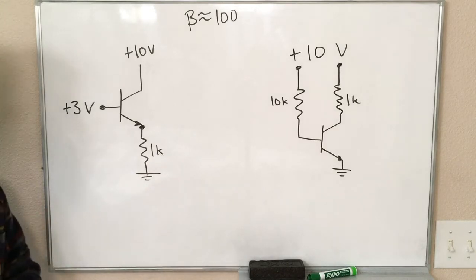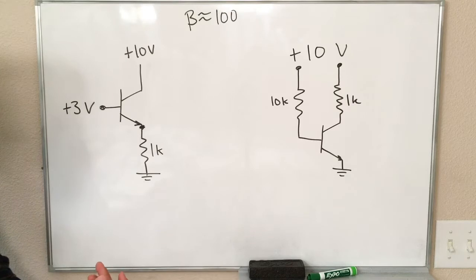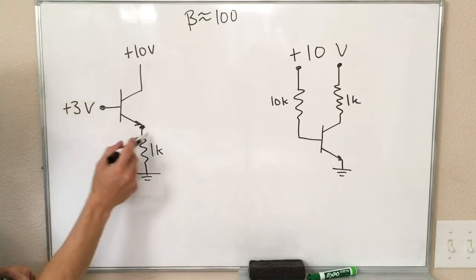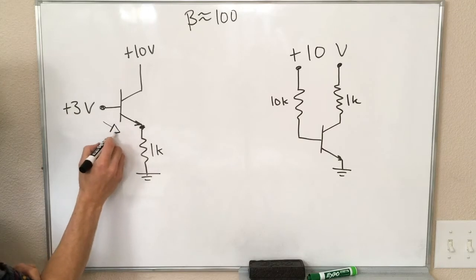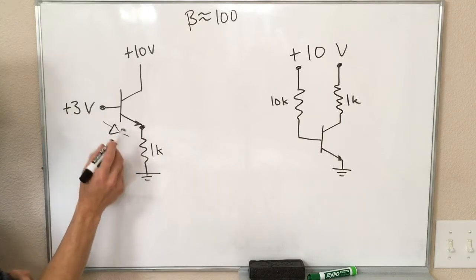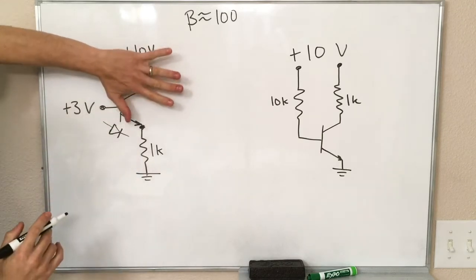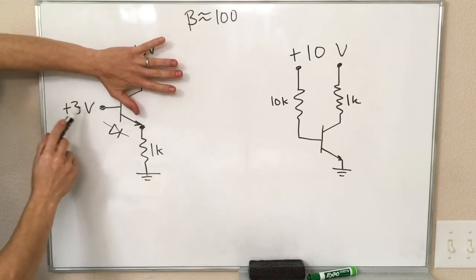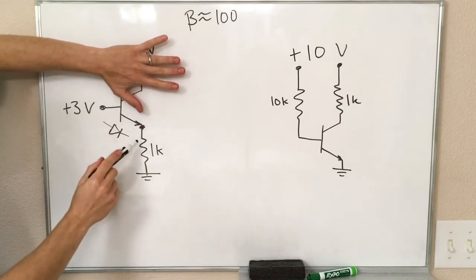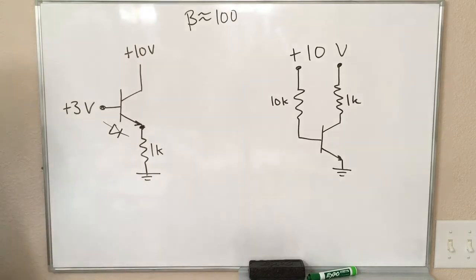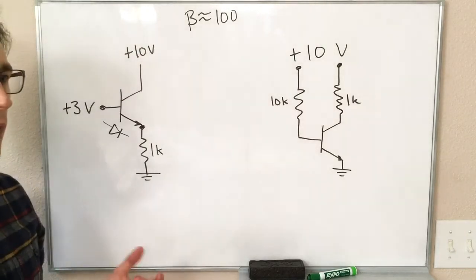So the first thing we want to do is figure out what transistor mode we are in. To do that, we want to look at what's going on with this base emitter diode. So if we imagine that there's a diode, ignore the collector, between 3 volts and our 1K resistor and ground, is that diode going to be on or off?